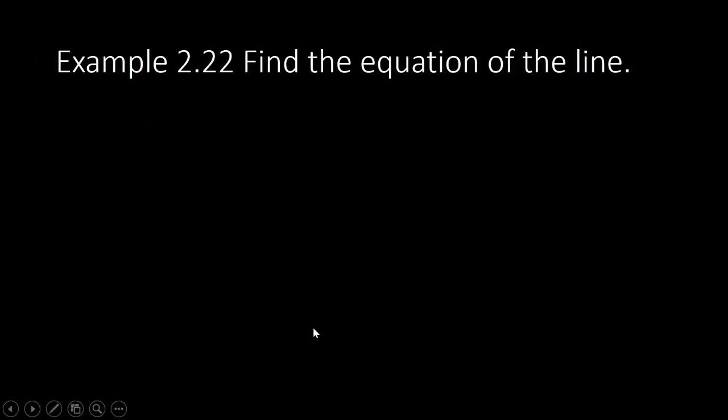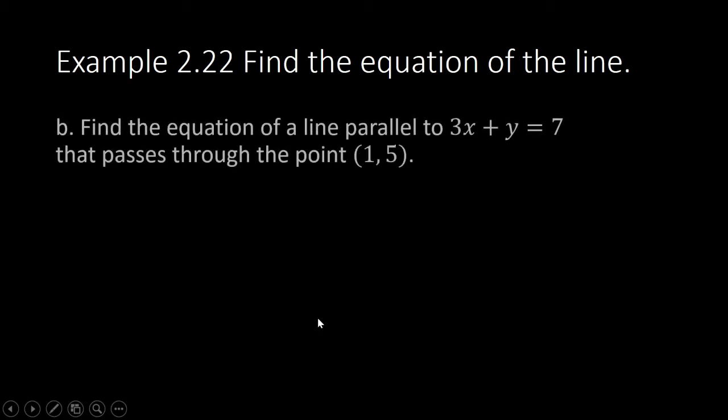Example 2.22. Find the equation of the line. Find the equation of a line parallel to 3 times x plus y is equal to 7 that passes through the point 1, 5. So the line must pass through this point. But we do not know the slope of that line.